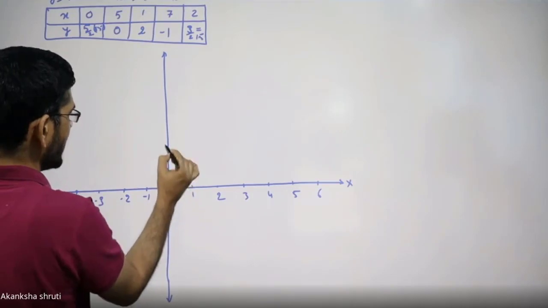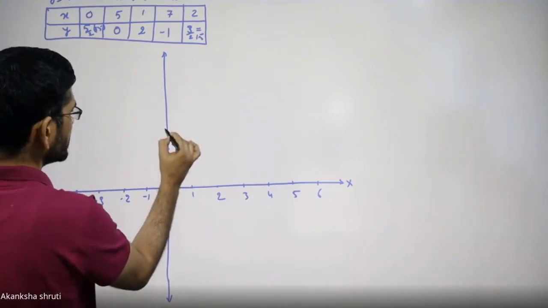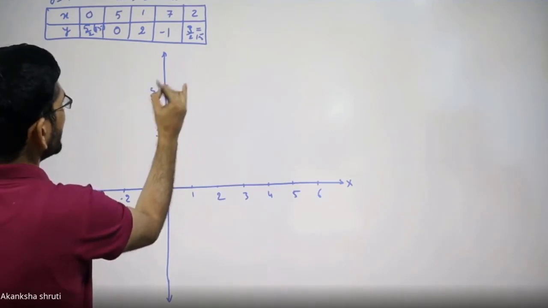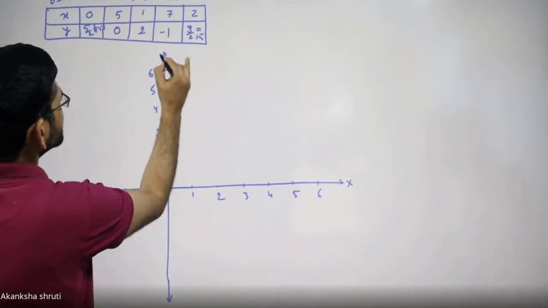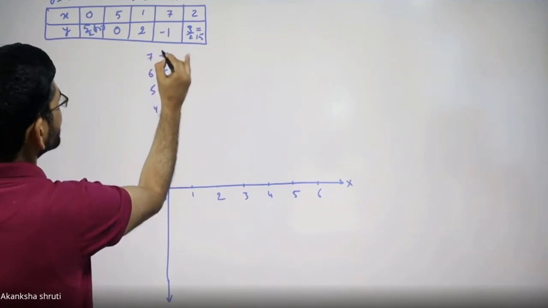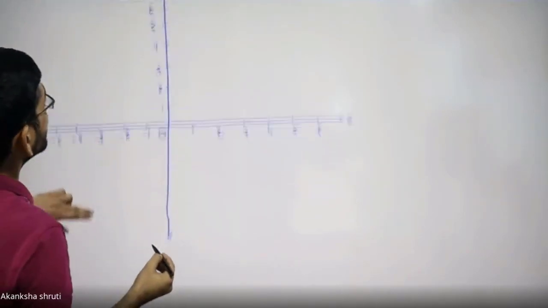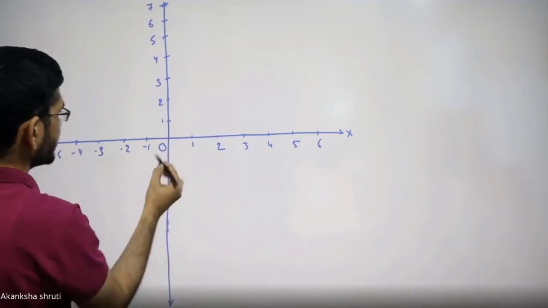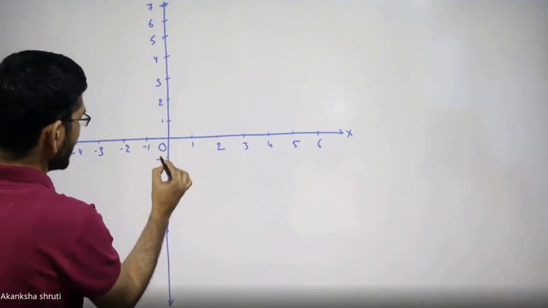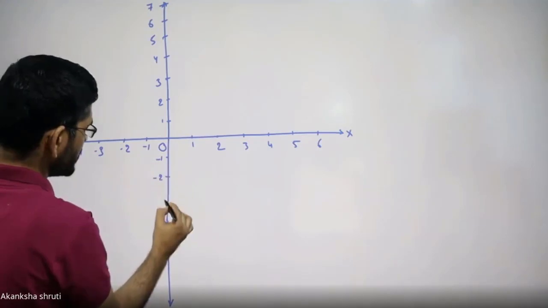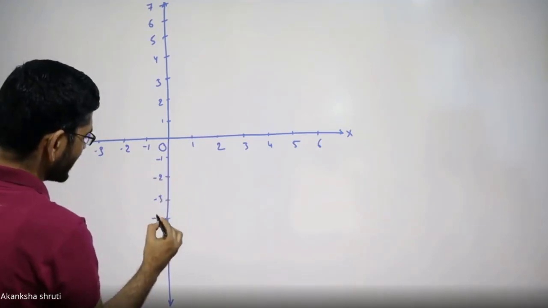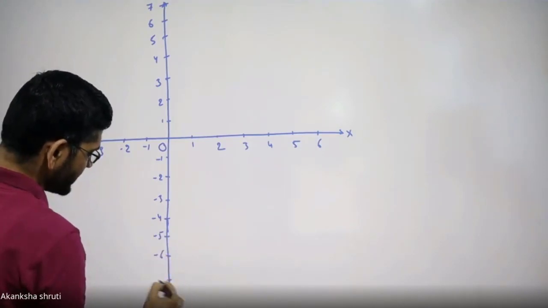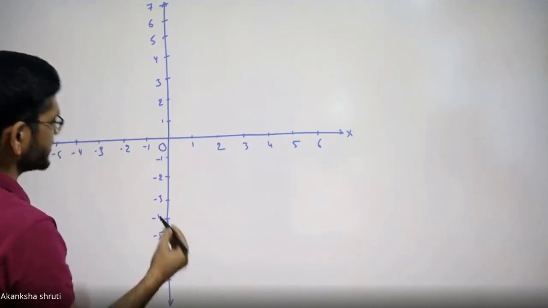Take this as 1, 2, 3, 4, 5, 6. If required, I will take this 7 here also. Similarly, go for the negative side. So take the y for this negative y-axis. It will be -1, -2, -3, -4, -5, -6, -7. We have chosen up to this.